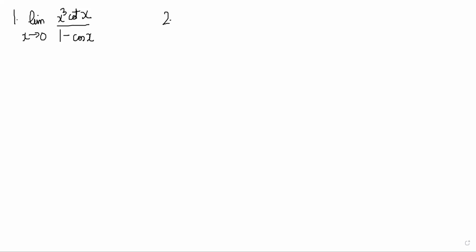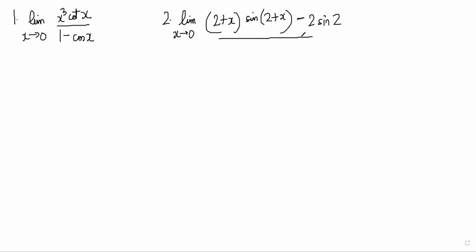The second one is the limit as x tends to 0 of (2 plus x) sine (2 plus x) minus 2 sine 2, all divided by x.